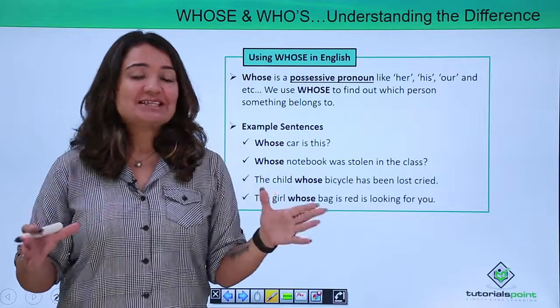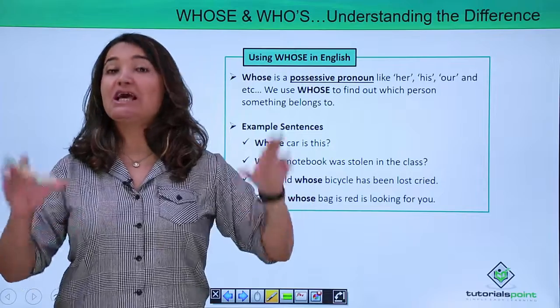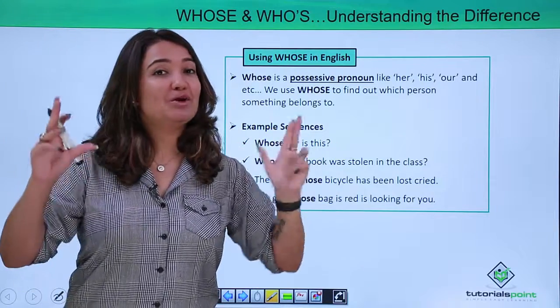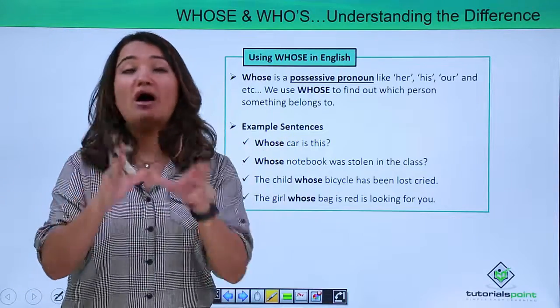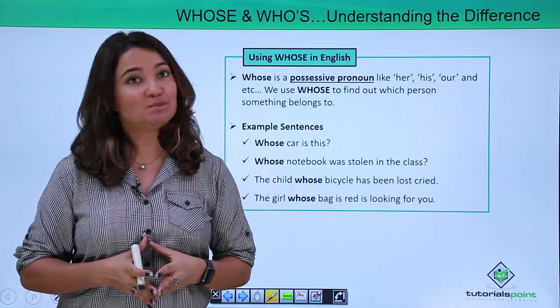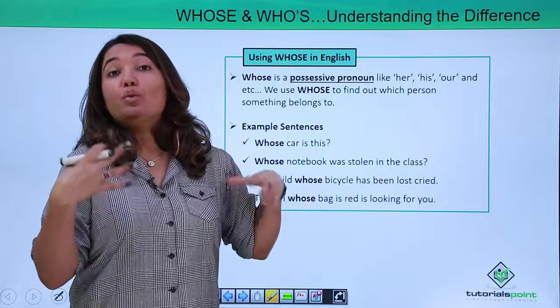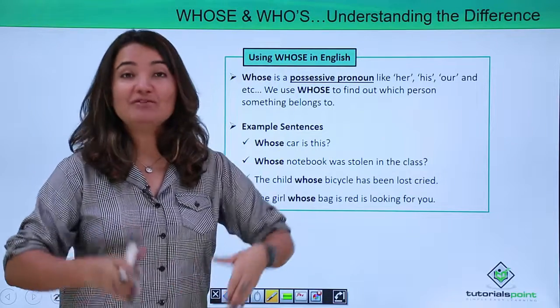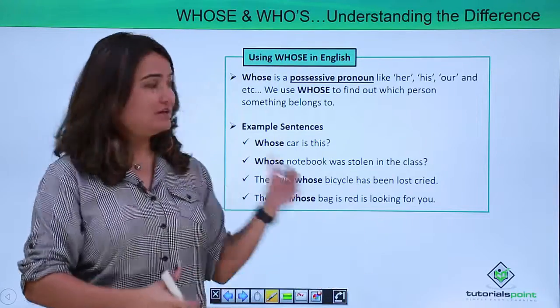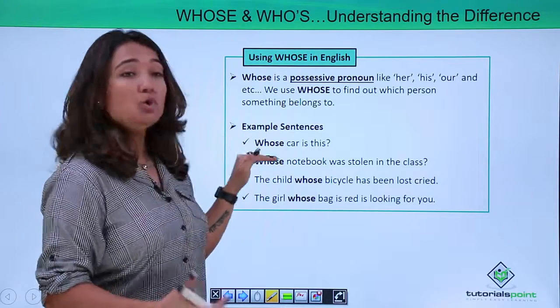So next time whenever you want to use whose, W-H-O-S-E, you are going to use it to indicate possession. Let's look at examples so that you are clear where its usage is correct. Whose car is this?